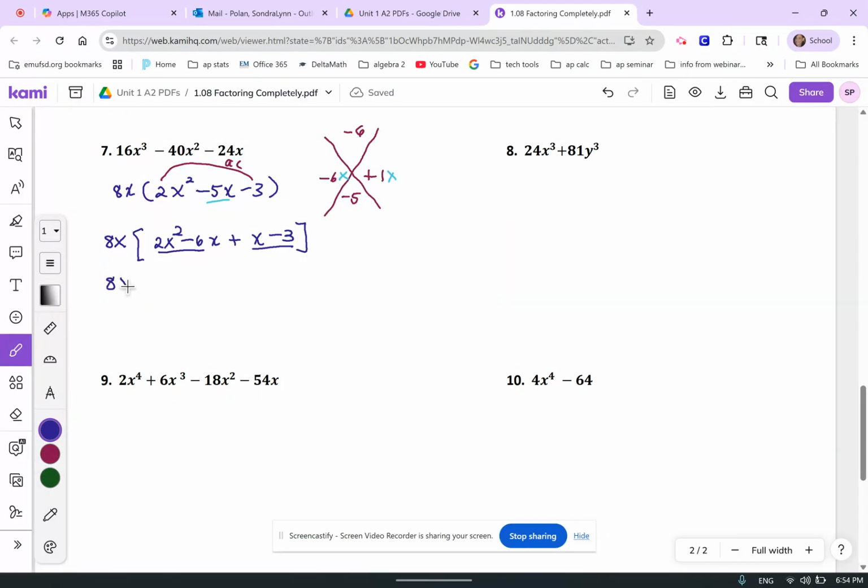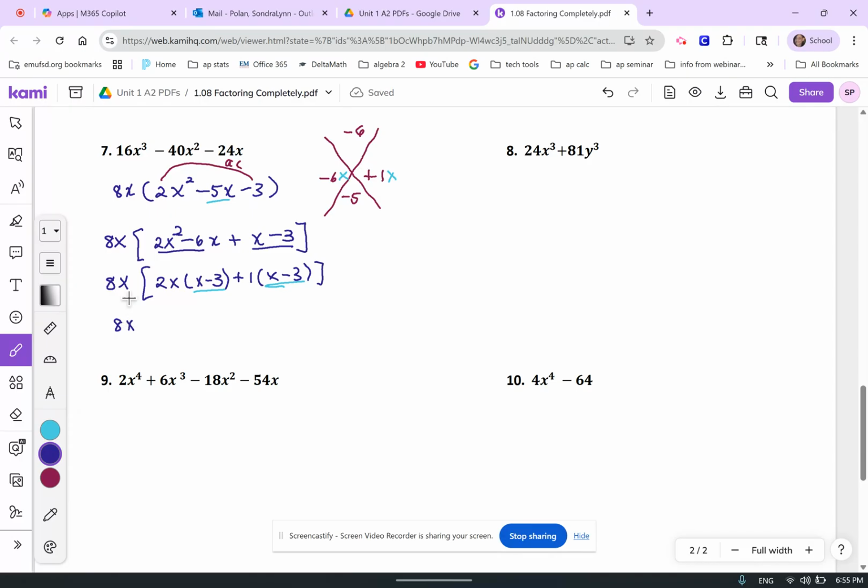So I bring down the 8x, and I notice that what's in common to the first group is 2x, and I'm left with x minus 3. For the second group, there's nothing in common other than 1, so we factor out the positive 1. What we're left with is a common binomial of x minus 3, and we're going to factor that GCF out.